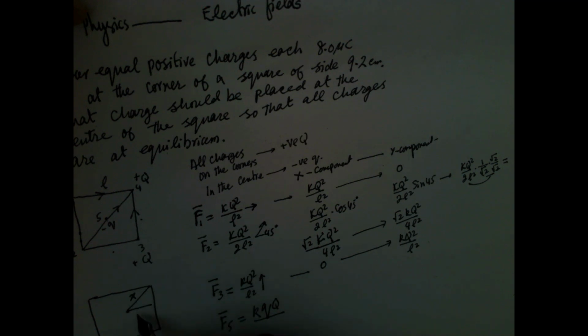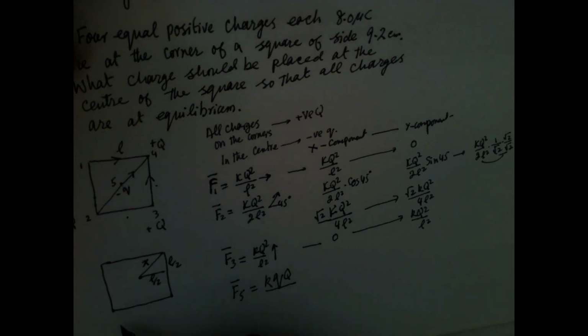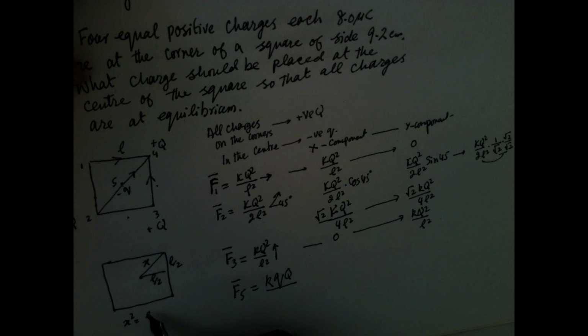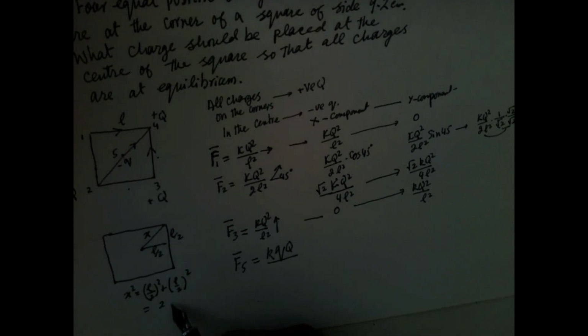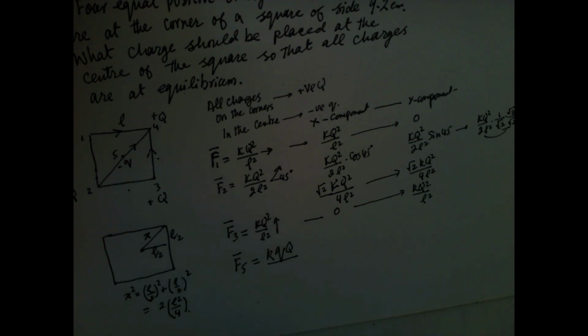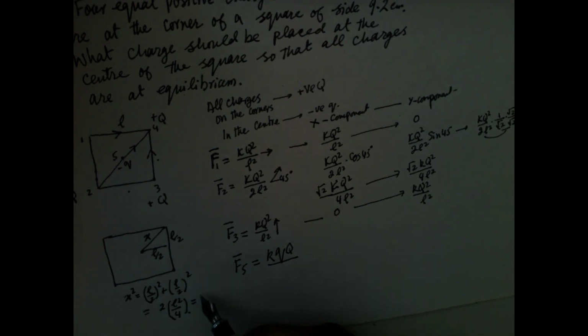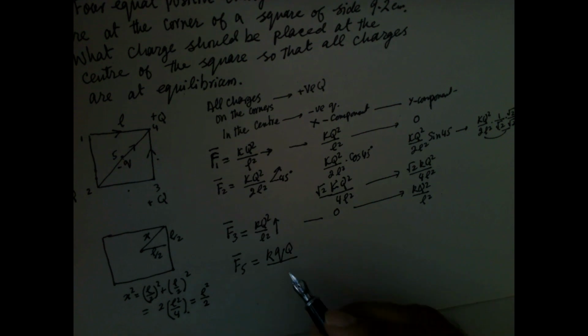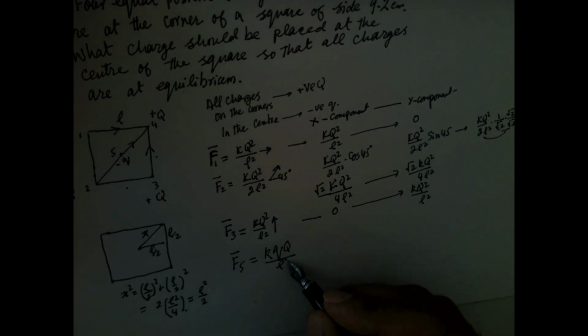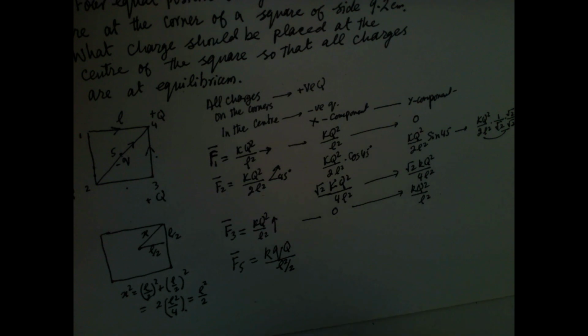This distance is L by 2 and this is also L by 2. So x squared is equal to (L by 2) squared plus (L by 2) squared, which is L squared by 4 times 2, so x squared is equal to L squared by 2.